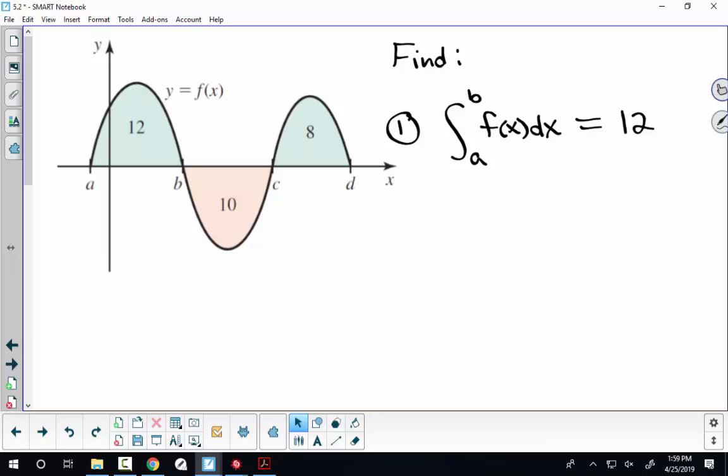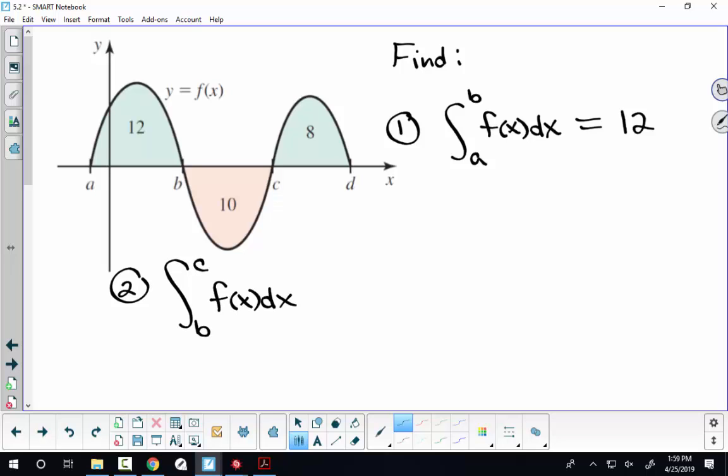Does that make sense? It gives us a visual of what we compute, something that can result when we compute this integral. Example 2, what is the integral from b to c on that function? Negative 10, what do y'all think?